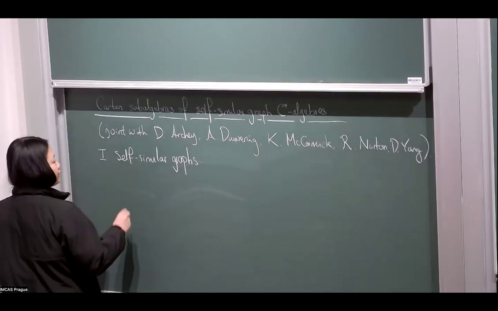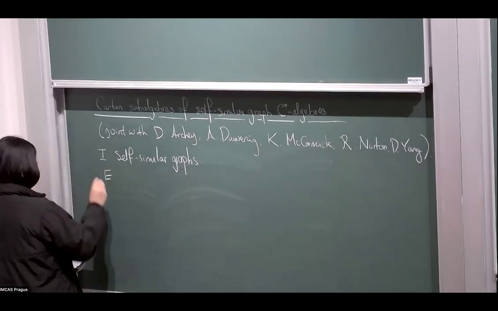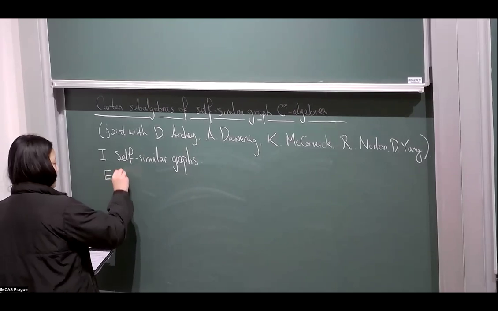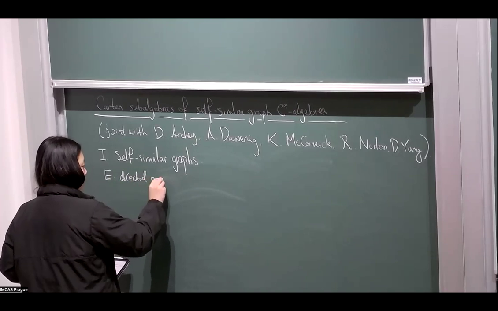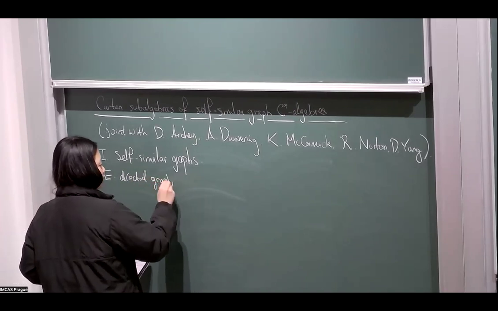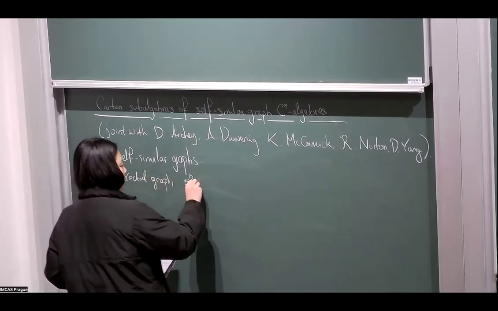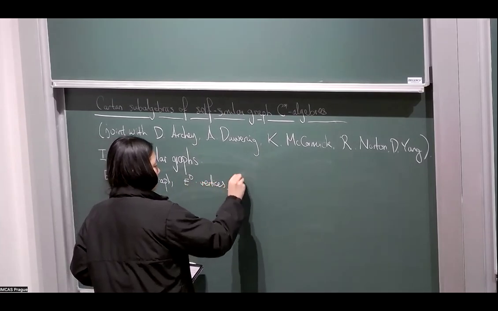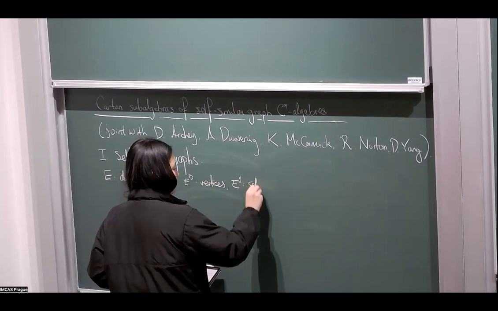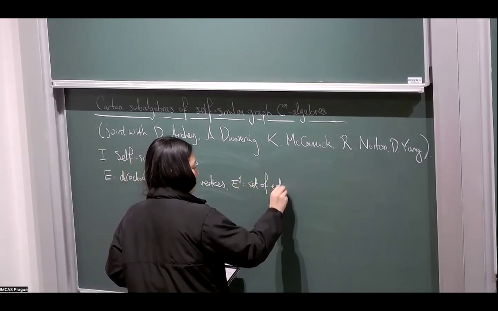So part of my input data is going to be E. This is a directed graph. I will denote by E^0 the set of vertices, and E^1 the set of edges.